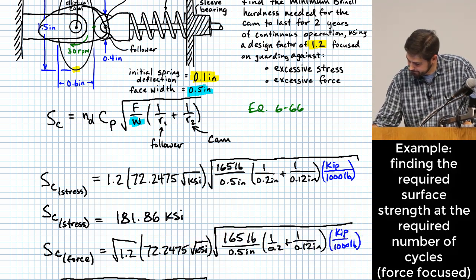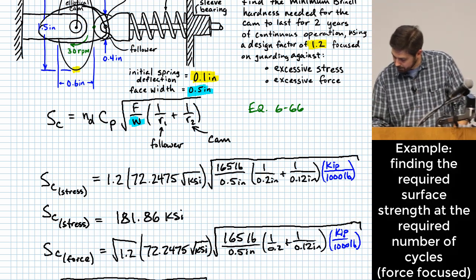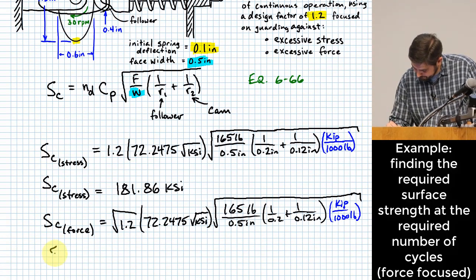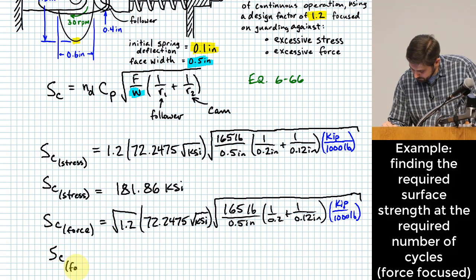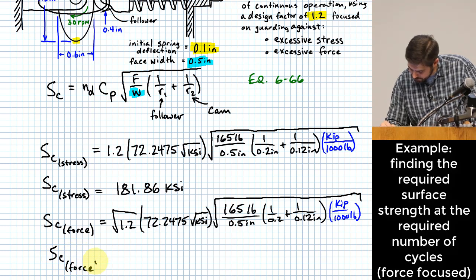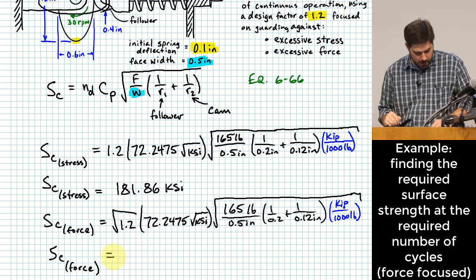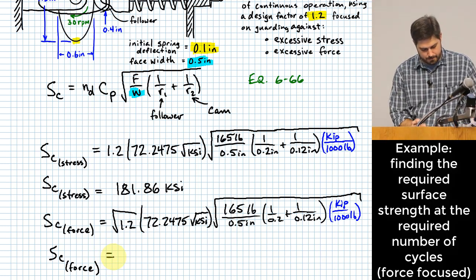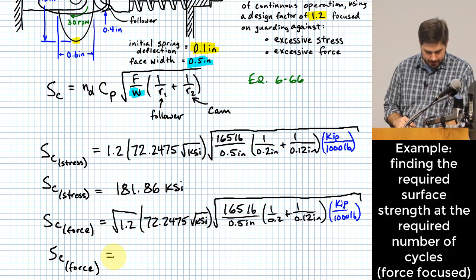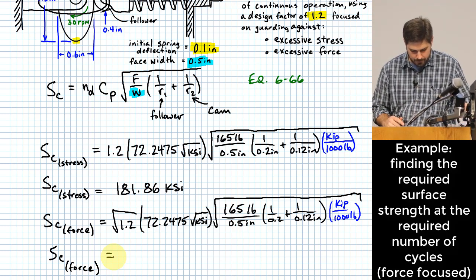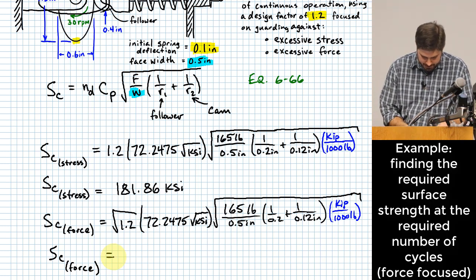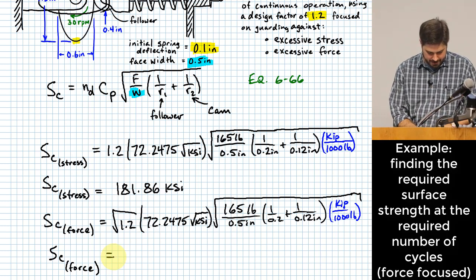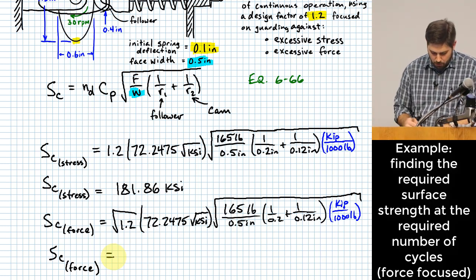When I plug all of that in, we get an S sub C value focused on guarding against excessive force of 166.012 KSI.